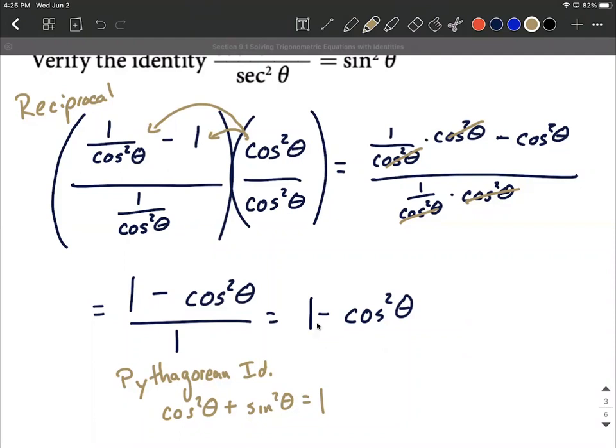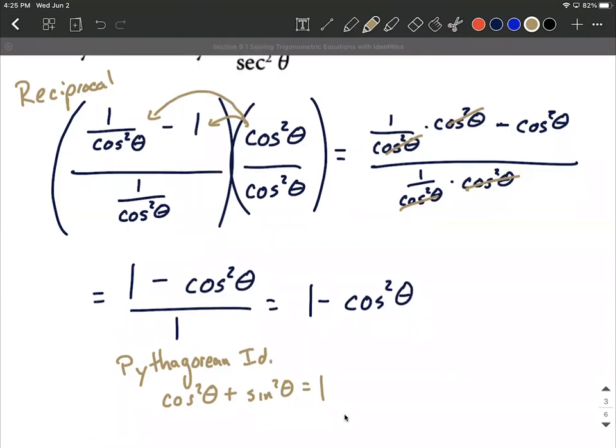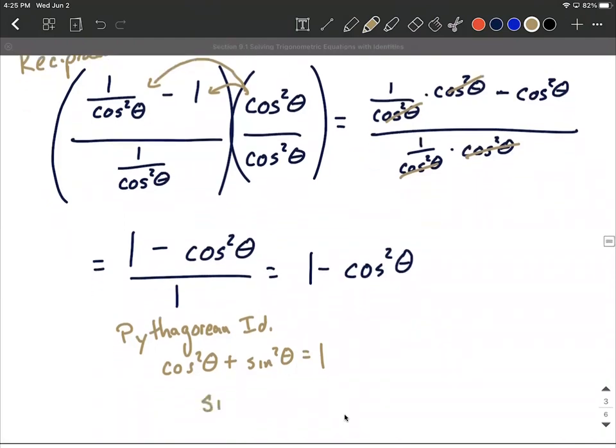So I want to replace 1 minus cosine squared. To get there with the traditional Pythagorean identity, we're going to move the cosine squared to the other side and rewrite this as sine squared of theta is equal to 1 minus cosine squared of theta. We get there simply by subtracting this cosine squared over, moving it to the other side.